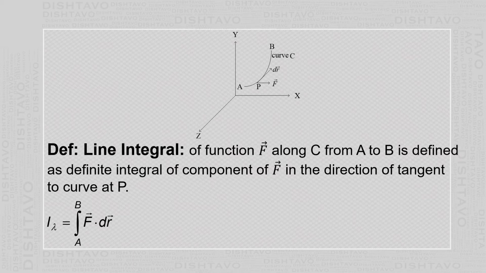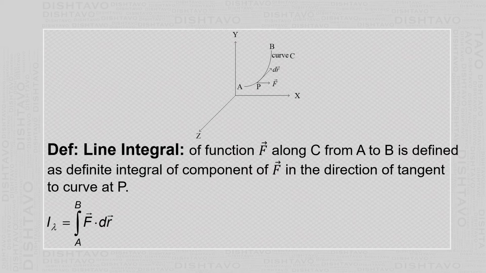And to find out the total work done, add this small work done from A to B. That can be done with the help of an integral with lower limit a, upper limit b. So this is what is called a definite integral when you integrate from a to b. Now this F dot dr is F dr cos theta.